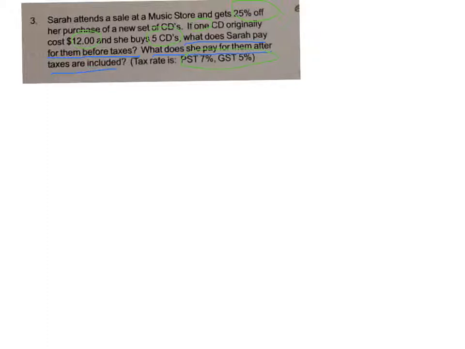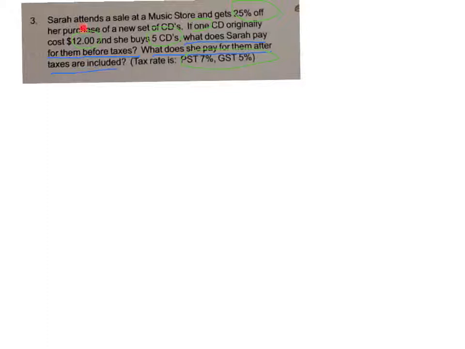I want to stop before we go on and just say, this is a question where you need to read the question very carefully because there's a couple of different things going on. First of all, we have the original cost of $12 a CD and she's going to buy 5 of them. A number of you missed the fact she was buying 5 of them, and you did a really good job of getting me 25% off one CD and then adding the tax rate and then leaving it there.